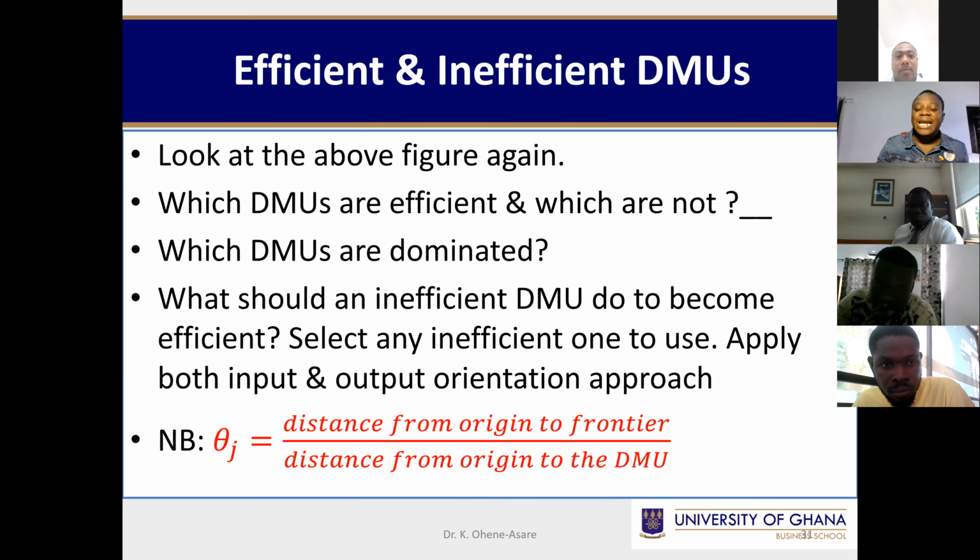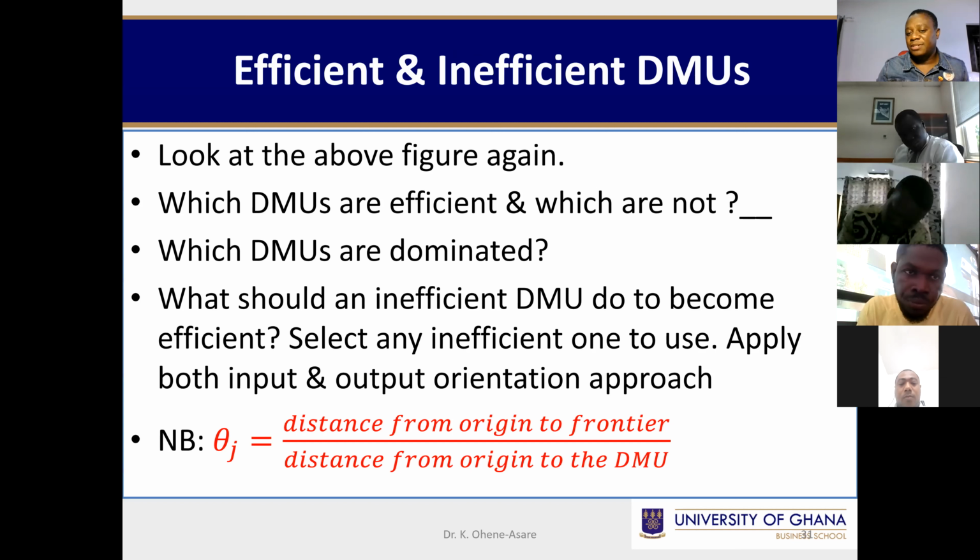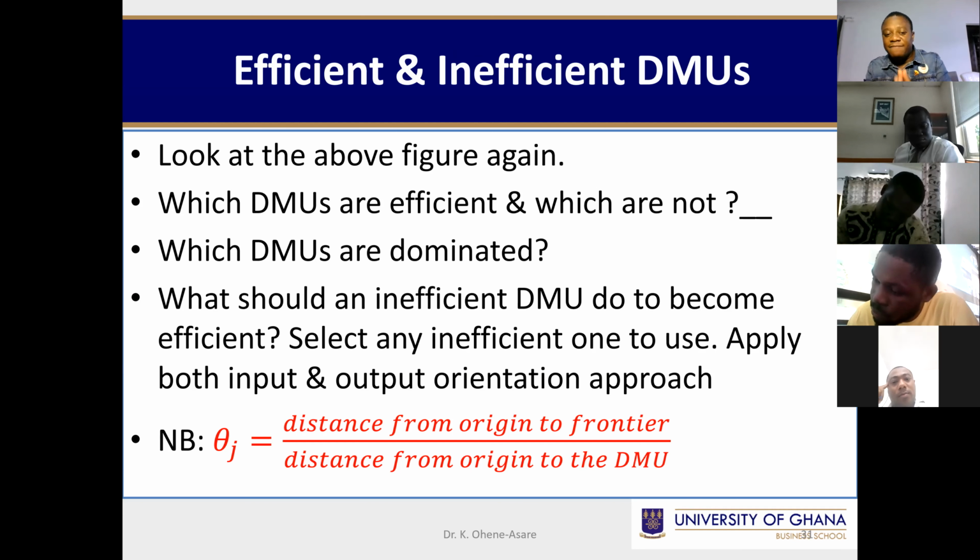Now, let us estimate the efficiency scores of all of these DMUs. And the way you estimate the technical efficiency score, listen carefully, this is very important: it is the distance from the origin to the frontier divided by the distance from the origin to the fan.